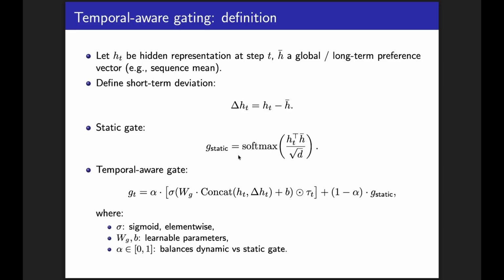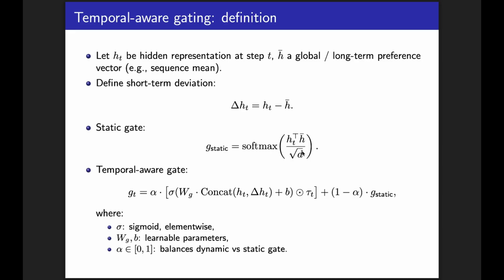And the second part that we need in order to build the gate formula below is the static gate, what they call the static gate. Why do they call it static? Because if you see in this softmax formula here, there's no utilization of temporal information. There's no tau, for example.